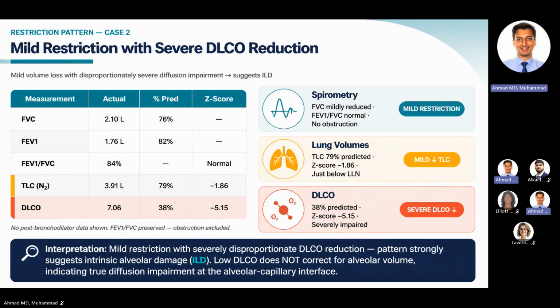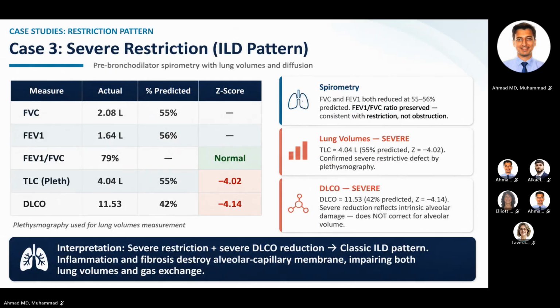So this individual shows mild restriction with a severe disproportionate reduction in his diffusion capacity, which suggests strong evidence of advanced interstitial lung disease contributing to his restriction and impaired gas exchange.